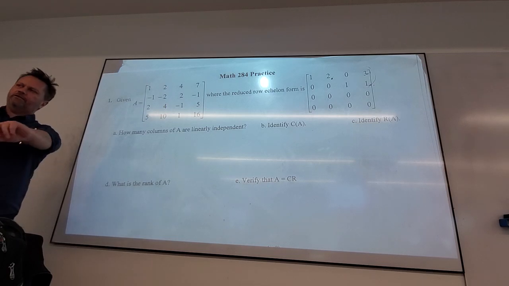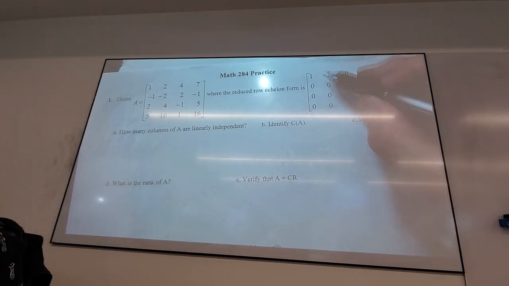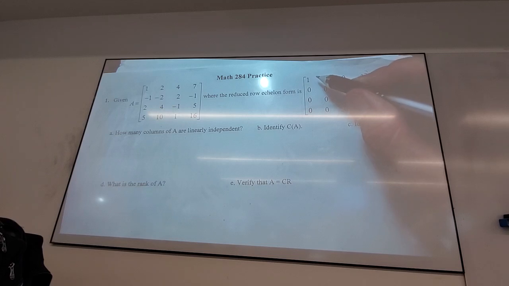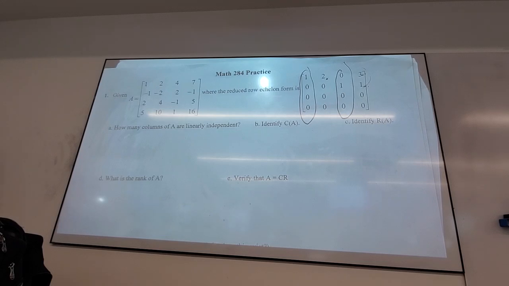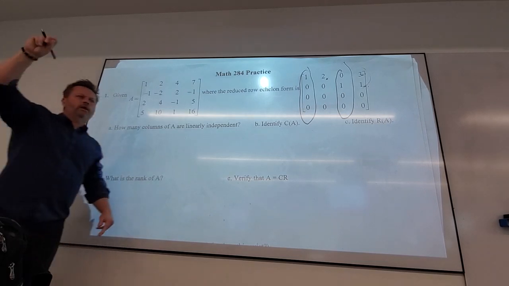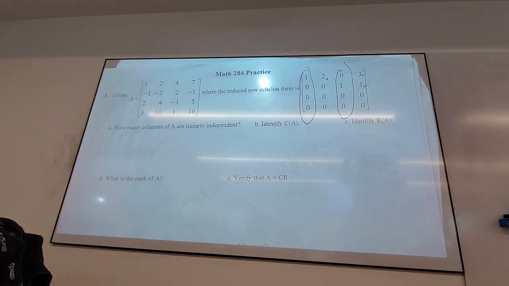All right, maybe we should just focus on that for a minute. Where are my leading ones? So the first and third are the columns that would go into my column space, my C. C is a collection of all my independent columns.